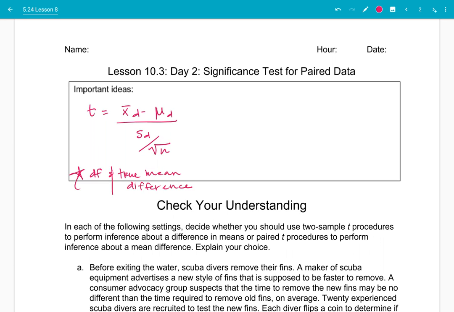Okay, so the other thing that I really want you to think about at this point is, is it 1 or 2 samples? And where to go from that. So when we had 1 sample, that's where we went with the matched pairs. And we subtracted, and then we did the average.